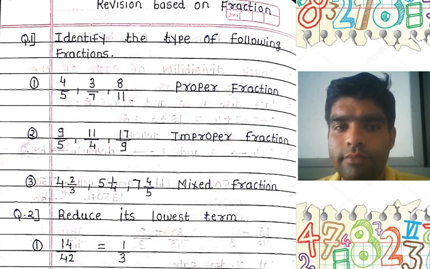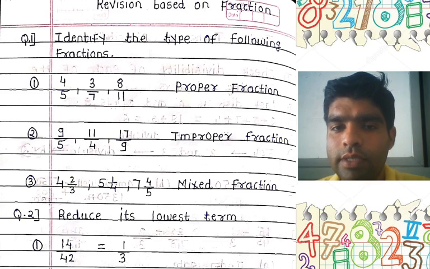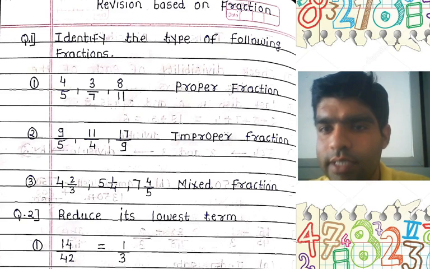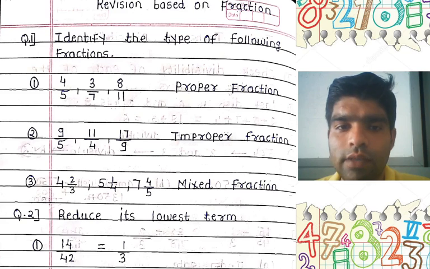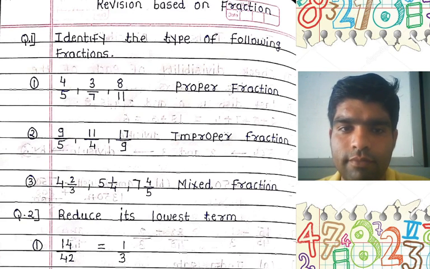For the third example: 4 into 2 upon 3, 5 into 1 upon 4, 7 into 4 upon 5. This type is a mixed fraction, because I already discussed that a mixed fraction is a combination of a whole number and a proper fraction. Here the fractions are 2 upon 3, 1 upon 4 and 4 upon 5. These are our three types of fraction, and we have to identify the type of the following fractions.